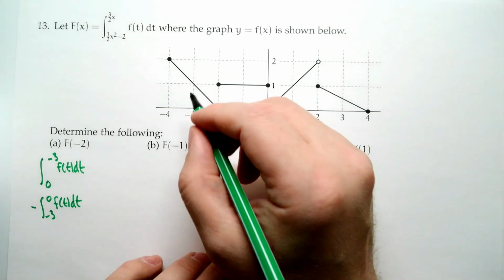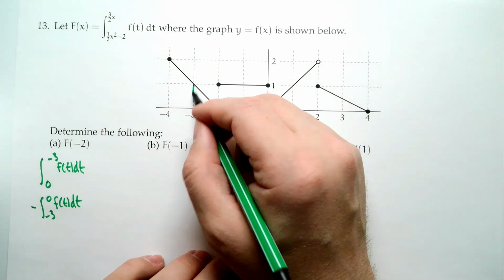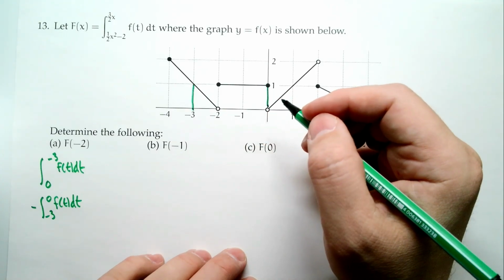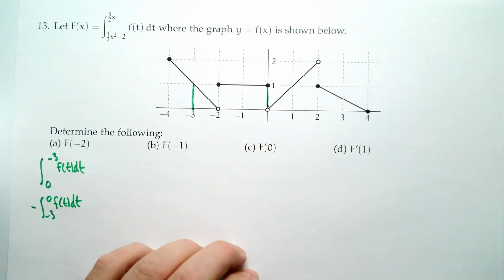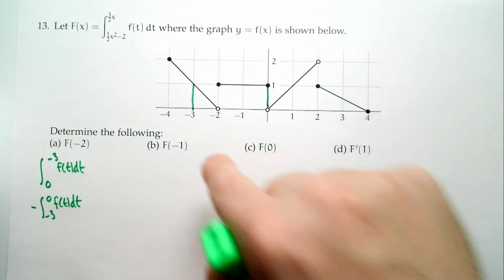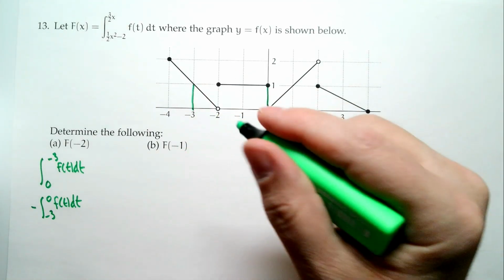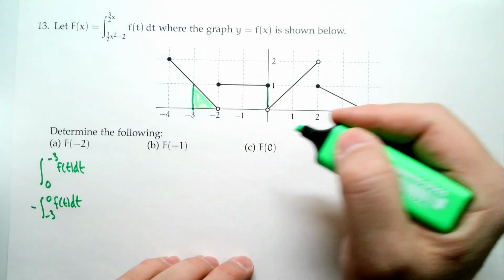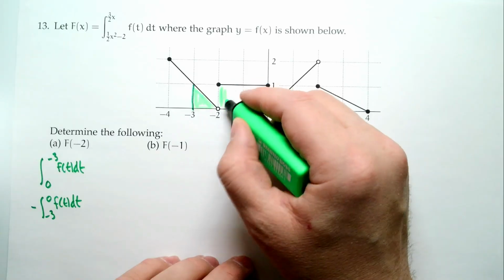It says start at -3, which is here, and go to 0, which is there, and find the area. Now, from -3 to 0, there are 2 pieces, and it's okay that it's not continuous. Just do each piece individually. You've got a little triangle, and you've got a rectangle.